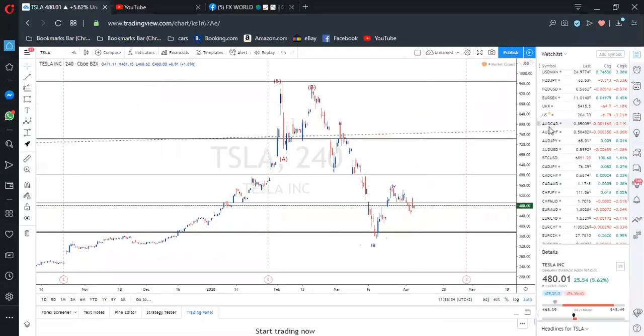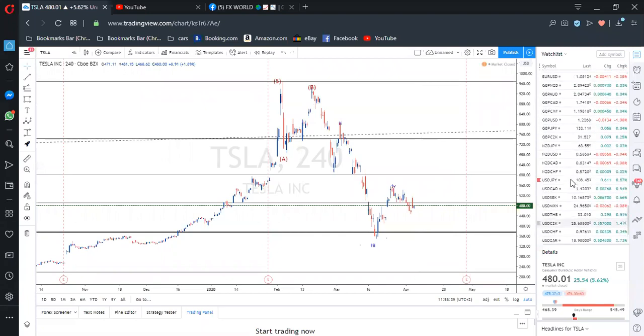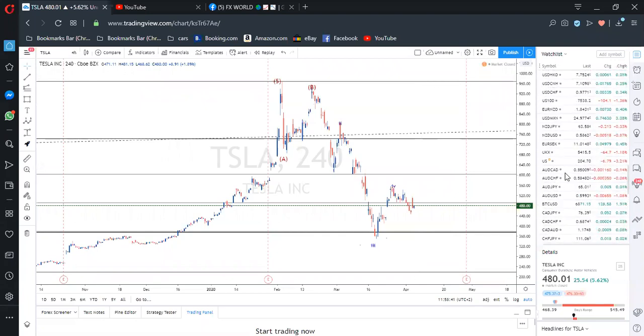Let me open two charts so that you can see something. I use TradingView for my analysis because it has different brokers where you can view the chart. Different brokers have different details. This is just basically a 4-hour chart.